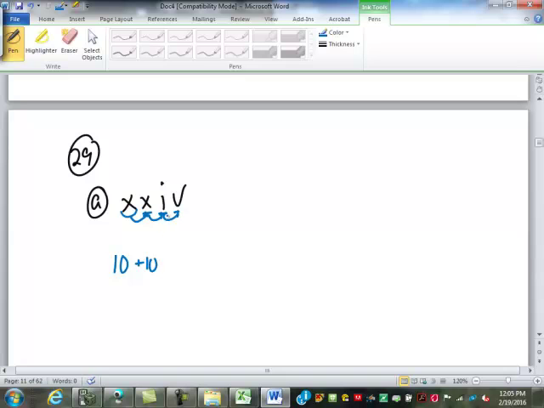I is followed by V, which is larger than it. So this is not a 1, it's actually a 1 taken away from the 5. So 5 minus 1, or 4. So that adds up to 24. Because this I, which stands for 1, is in front of a symbol that stands for a larger value, the V stands for 5, we subtract it from that symbol.